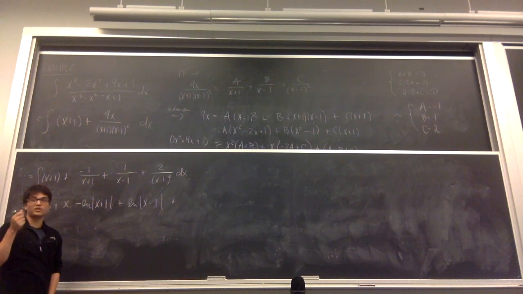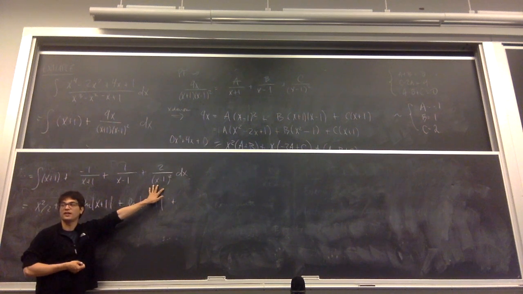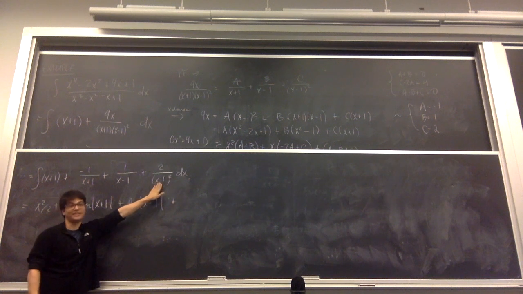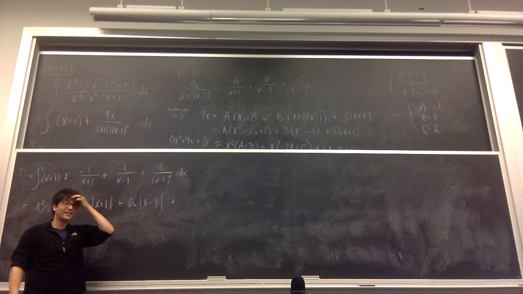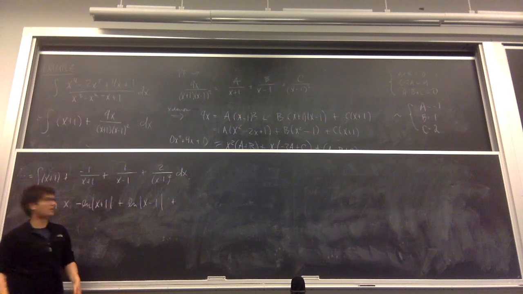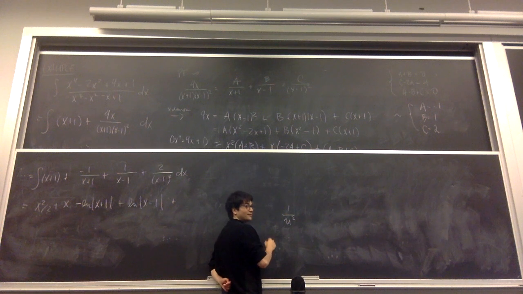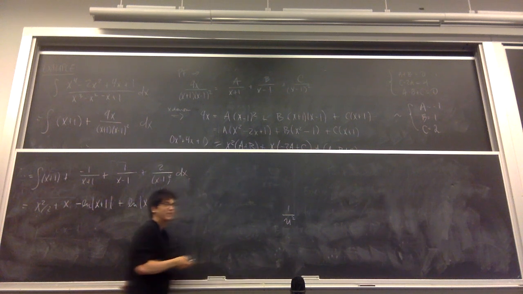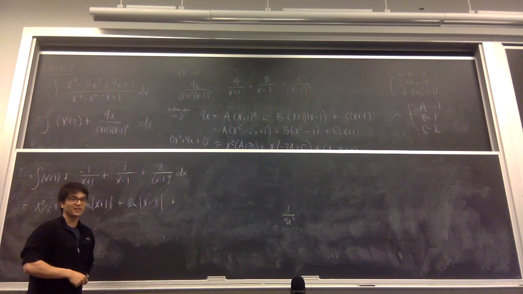Don't get tricked. Don't get lured into thinking that every time we see something in the denominator we have to use ln. This is easy to integrate. Don't overcomplicate. You can use u substitution, but we should be able to bypass it. If you do a u substitution, what you're going to get is 1 over u squared, which is u to the negative 2. So its integral is, what do you remove 1 from to produce minus 2?